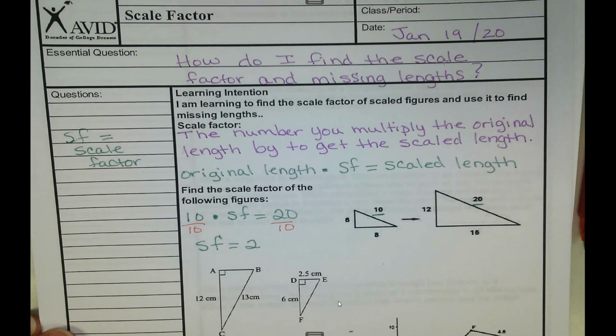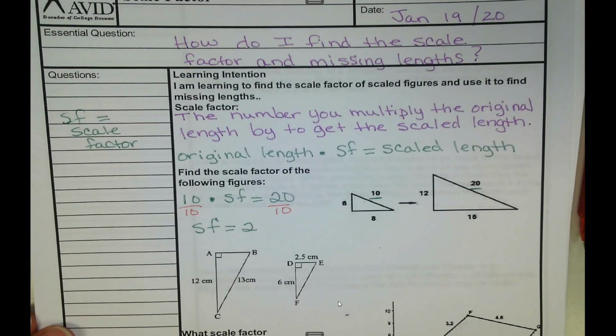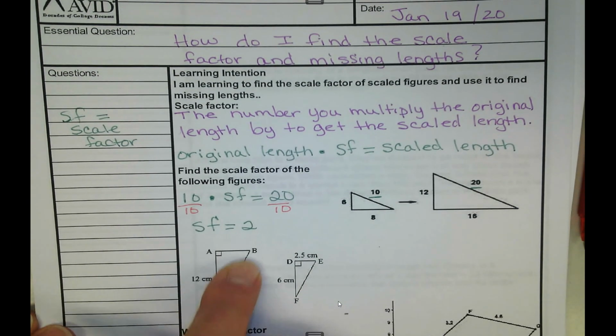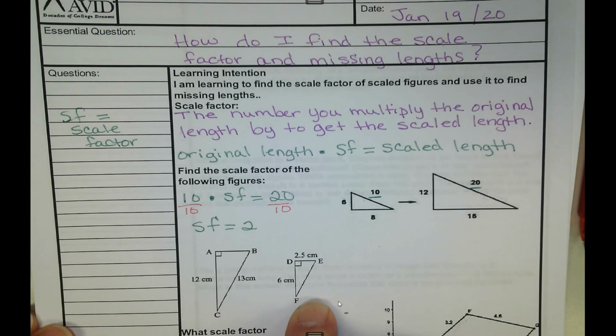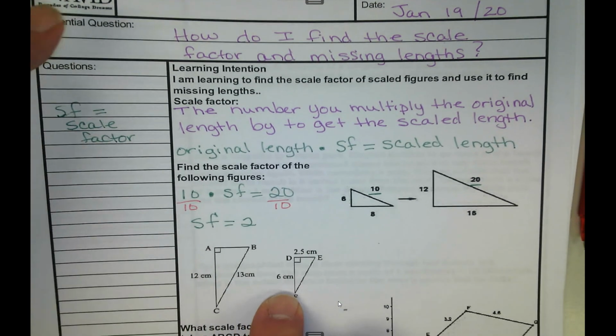Okay, so for the next one, we need to know our scale factor. And then we're going to use that scale factor to find missing lengths. We can find the lengths of AB and we can find the length of FE. First thing we do is find our scale factor. We're starting at 12 centimeters and we end up at 6.